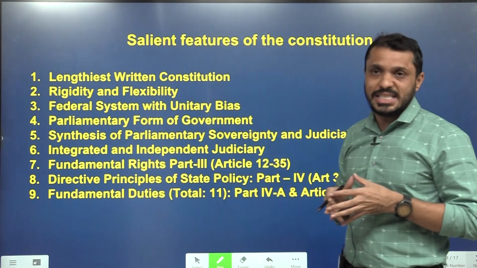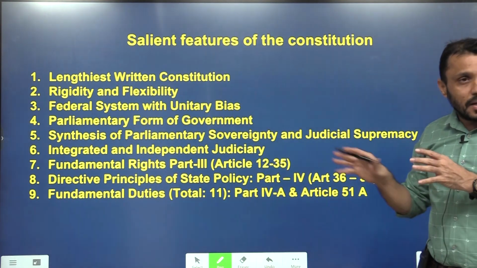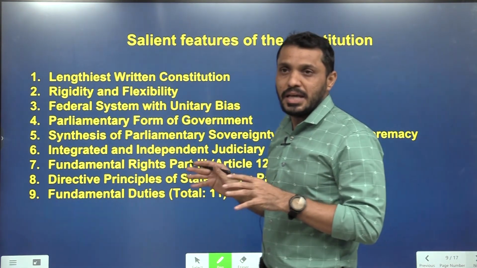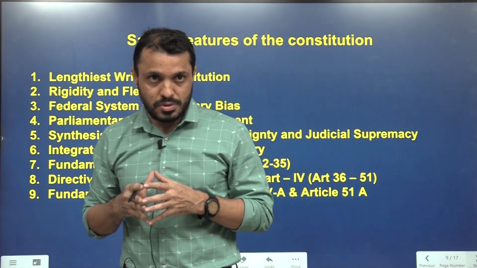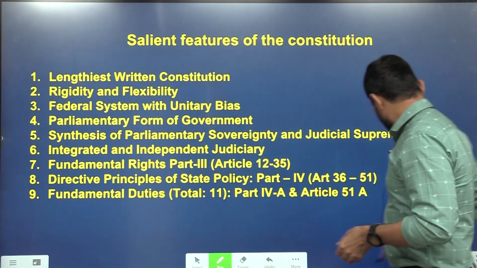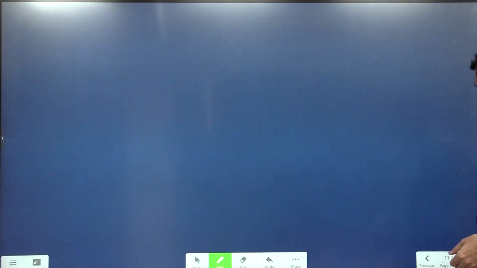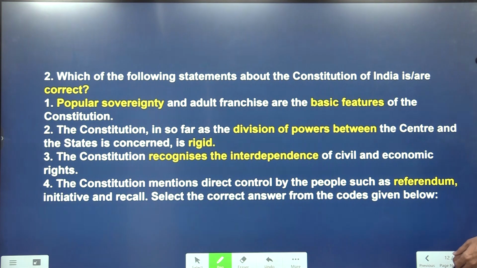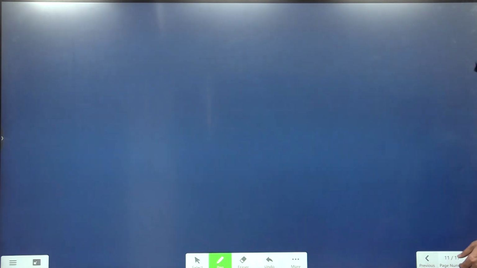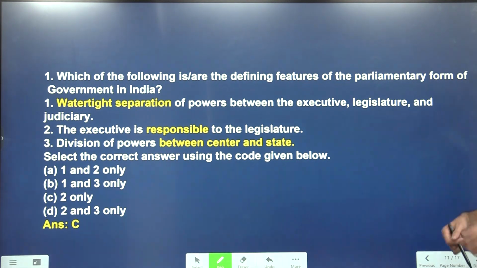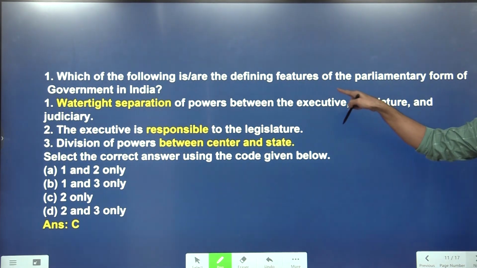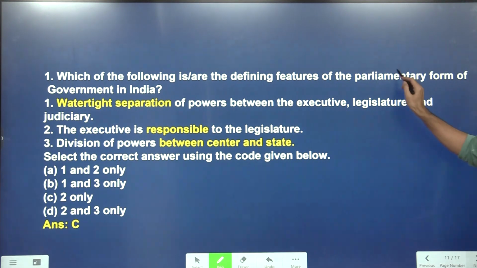First, we are going to discuss the salient features of the Indian Constitution. From this area, the questions will be completely concept-oriented. For example, look at this question: which of the following are basic features of the parliamentary form of government?